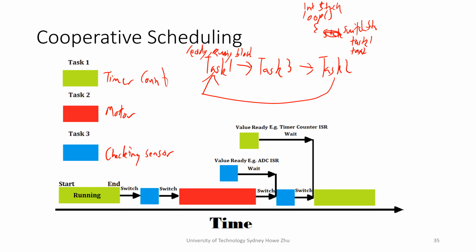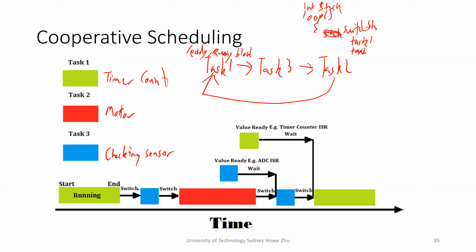Your CPU is basically just doing task 1, task 3, and then task 2, and then it goes back to task 1. It's doing it one by one, by switching. Between each task, you have to make sure there's minimal latency.